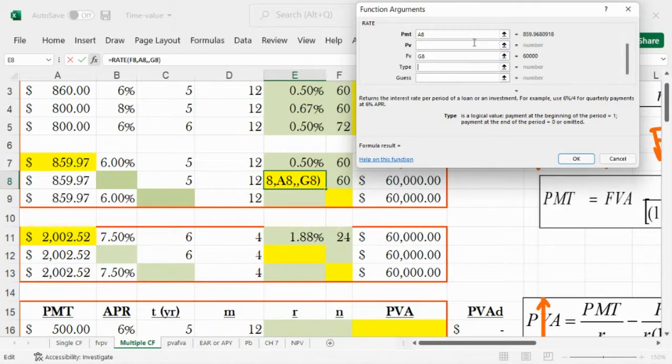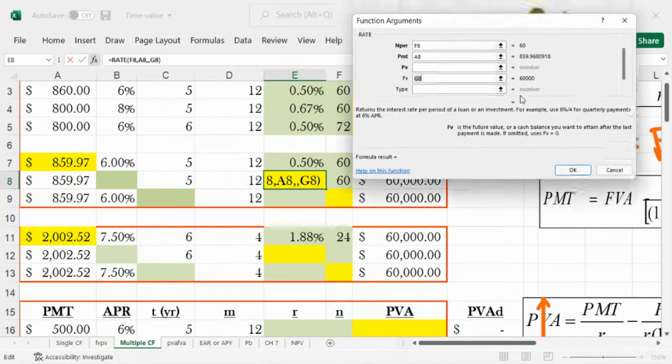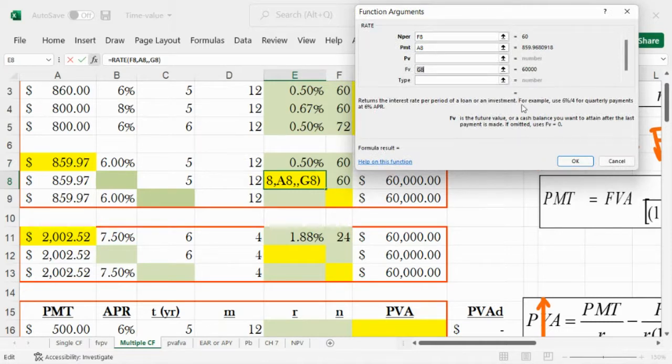But by now, everything that needs to be entered has been entered. By now we should already see something here, but nothing shows there. Why? Because there's one thing that needed to be done, which is entering the payment as negative.